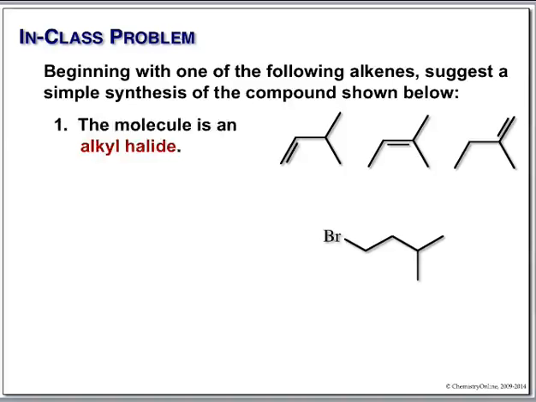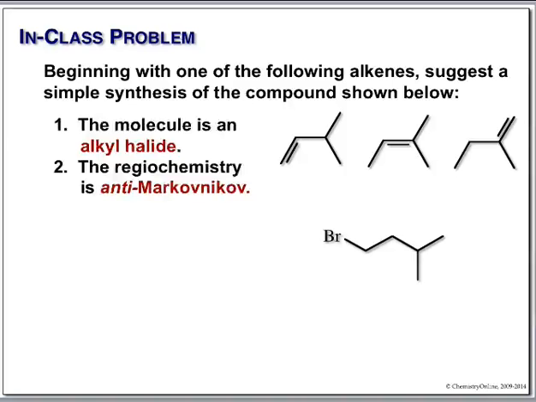Therefore, it's an alkyl halide, and it's anti-Markovnikov. If we did addition of HBr to this guy, the bromine would go up here with it. If we did anti-Markovnikov addition here, the bromine would go on the secondary carbon.